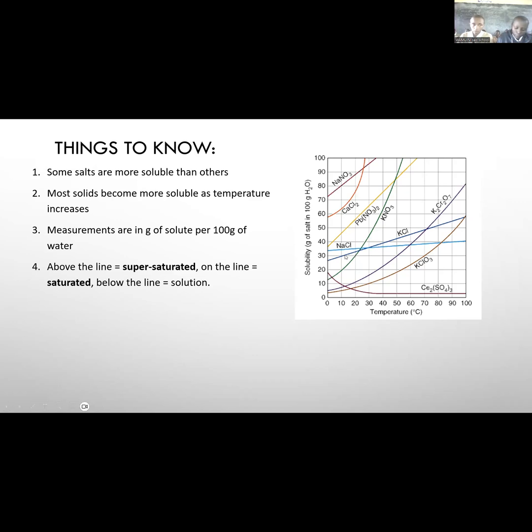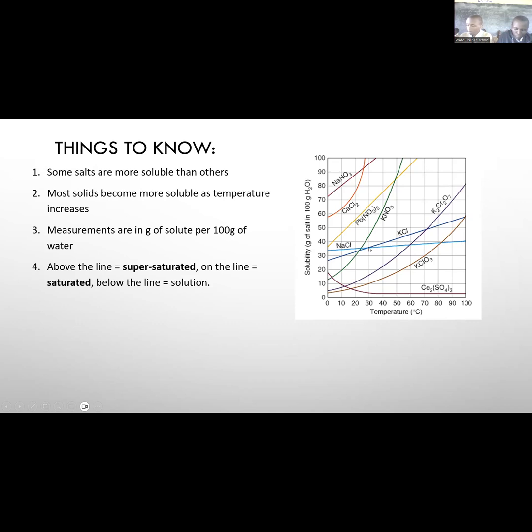Above any particular line, it is what we call supersaturated. So if I look at potassium chloride here, the dark blue line, at a temperature of, let's say, 30 degrees, the solubility of potassium chloride looks like about 36 grams.